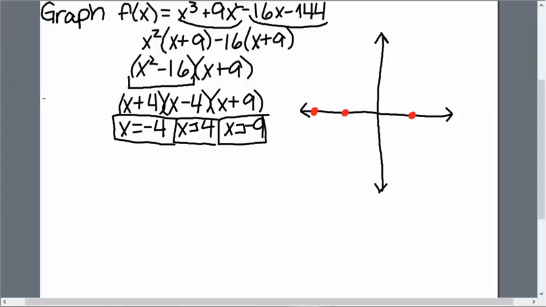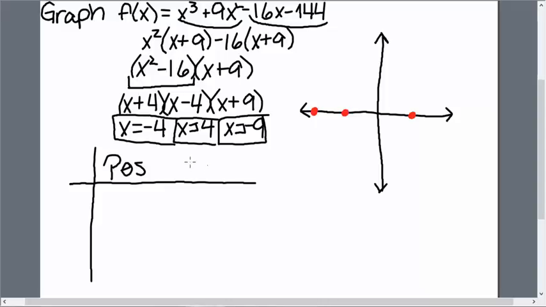Now what we need to do is remember this nifty little table. This is something I'm going to ask you guys to memorize for me. In this table, it had positive, it had negative, it had even, and it had odd. Now I think the positive and the negative evens are the easiest to remember. If it's even, they're going the same way, and if it's positive, it's usually going up and up.